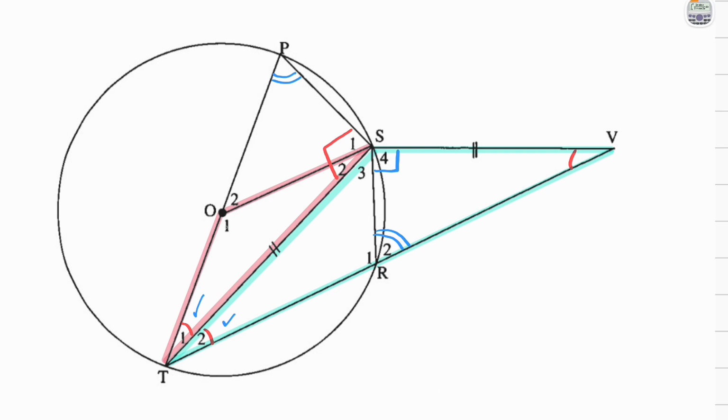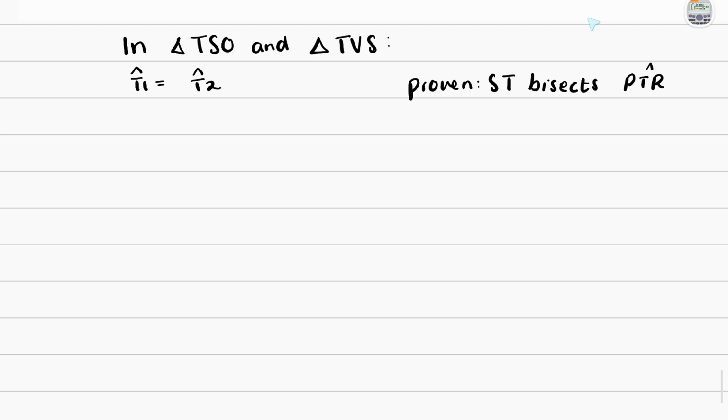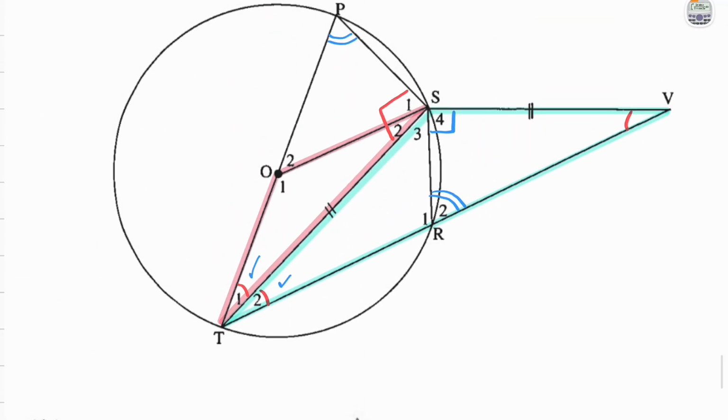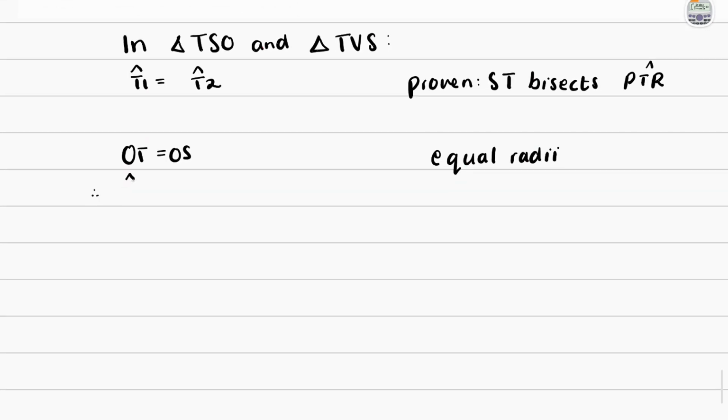Let's go ahead and state that first. We have to tell them that OT is equal to OS. Because they are equal radii, these two angles will be equal. So angle T1 equals angle S2, and the reason is angles opposite equal sides are equal.